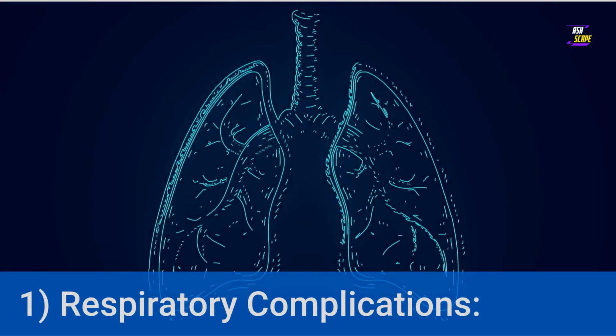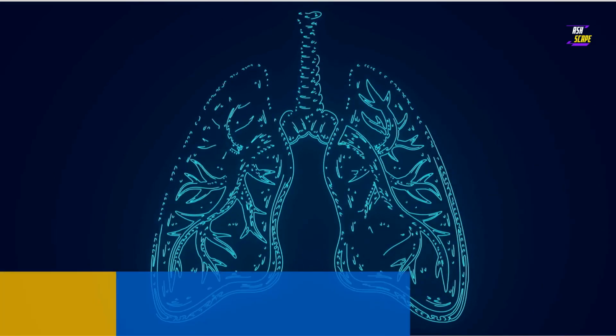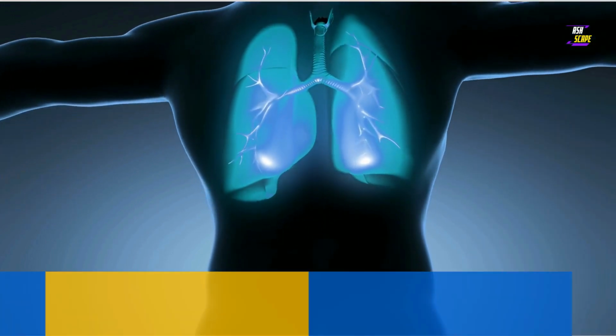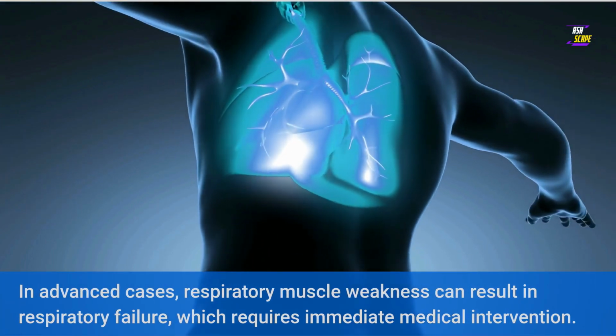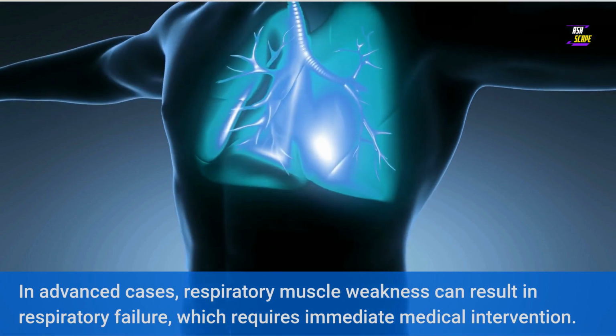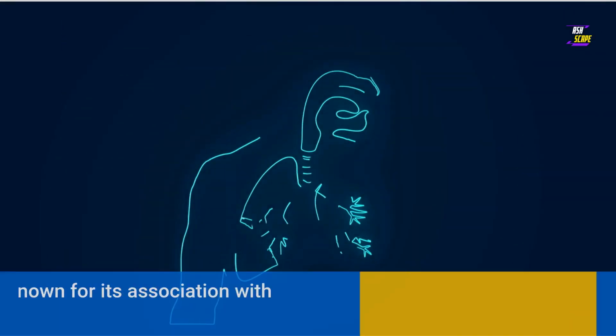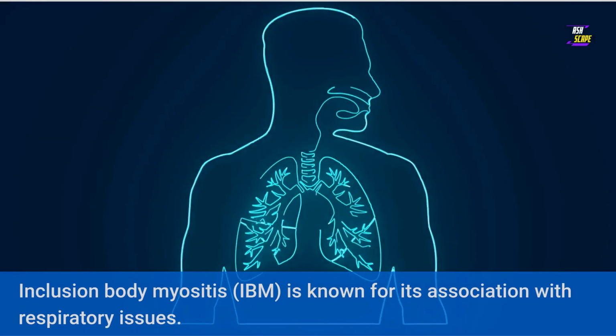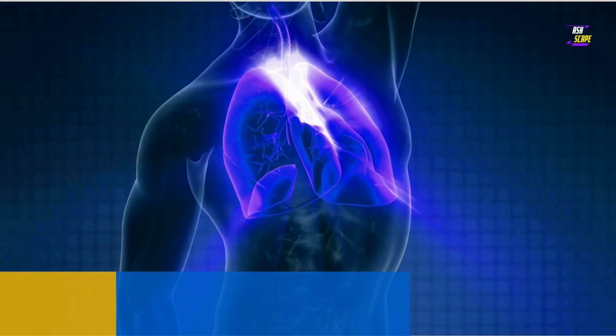1. Respiratory complications. Severe muscle weakness, especially in respiratory muscles, can lead to breathing difficulties. In advanced cases, respiratory muscle weakness can result in respiratory failure, which requires immediate medical intervention. Inclusion body myositis, IBM, is known for its association with respiratory issues. 2.